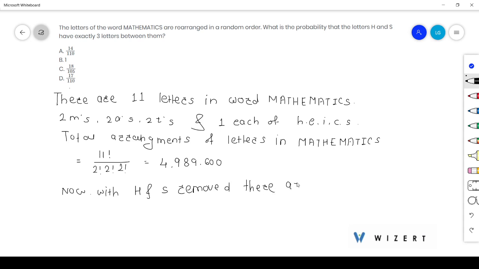Now, with H and S removed, if we remove H and S, there are just 9 letters, but 3 repeating letters are still present.